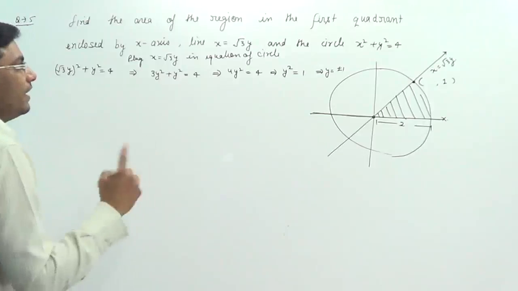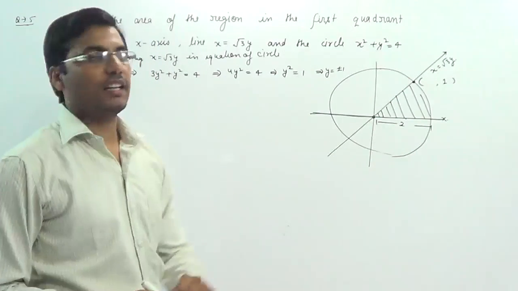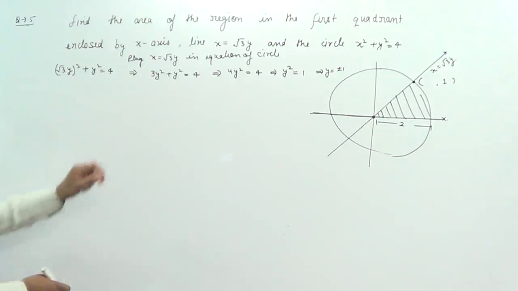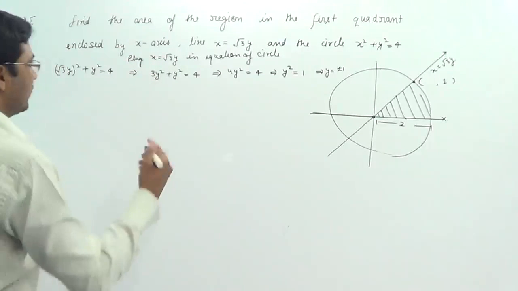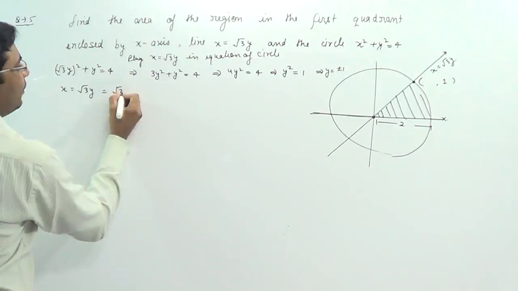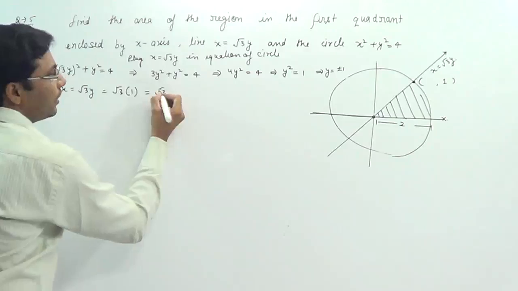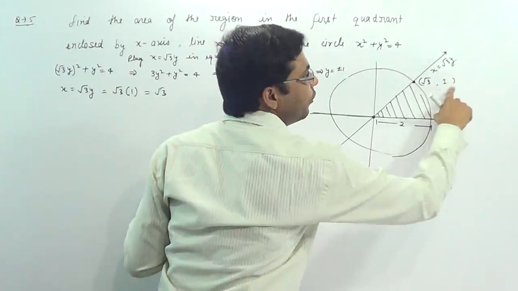Now put y = 1 either in the equation of the circle or in the straight line to find the value of x. I would like to plug into the equation of the straight line because it will be a little bit easier. So x = √3y and the value of y is 1, so it will be √3. So the second point is x = √3, so the point will be (√3, 1).